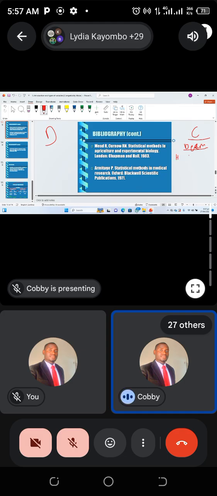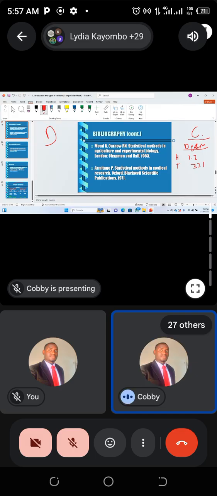A person can be 1.2. Temperature can also be in decimal. A person can have a temperature of 37.1. So any information that is in decimal places is a continuous variable.